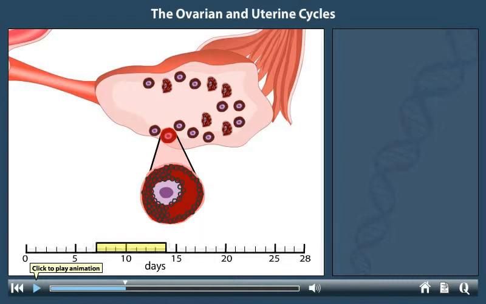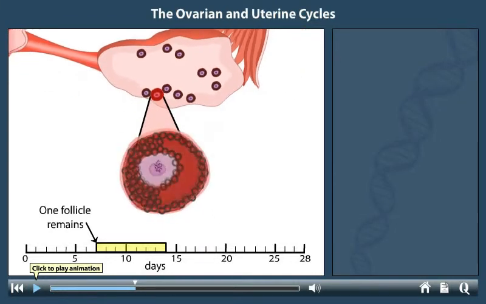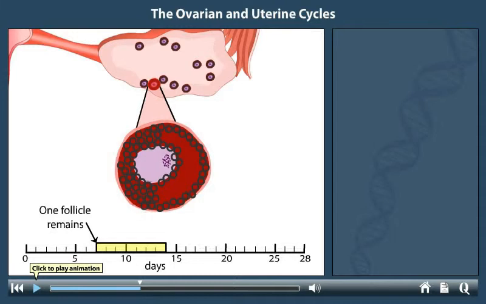By day 7, all but one of the developing follicles begins to degenerate. The remaining follicle continues to develop, and its follicle cells continue to pump it with nourishment, and also supply it with proteins and informational molecules needed for early stages of development.